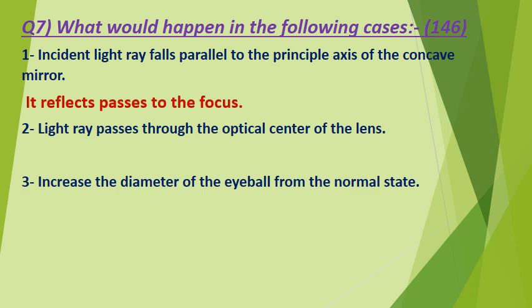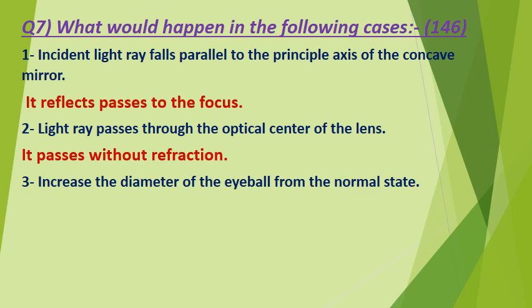Number 2, the light ray passes through the optical center of the lens. The answer of question number 2, when it passes through the optical center of the lens, the light ray passes without refraction, and I must say refraction here as he asks you about the lens.